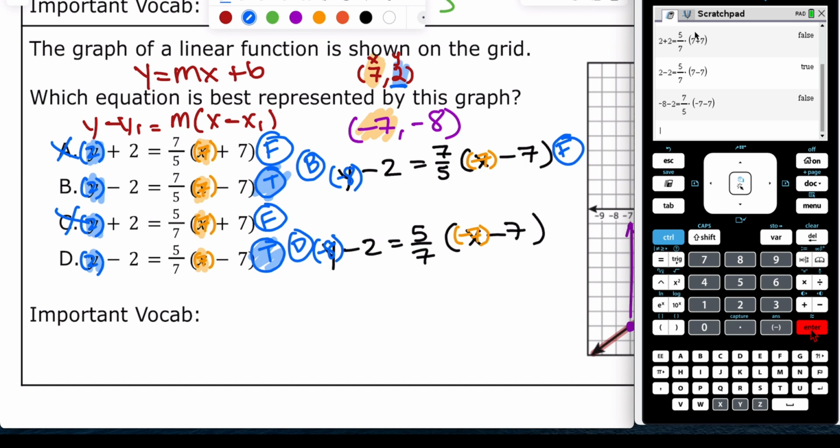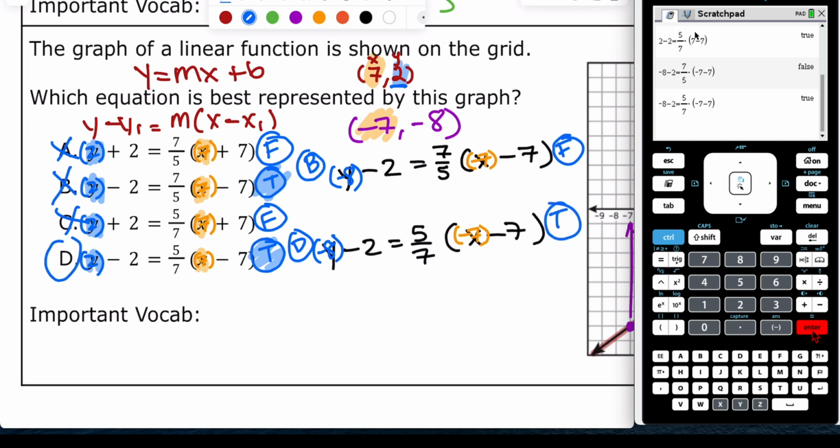So let's try D, and hopefully that will be my answer. Parentheses, negative 8, parentheses, minus 2 equals, control divide, 5 over 7, parenthesis, negative 7 minus 7, enter, and that gives me true.